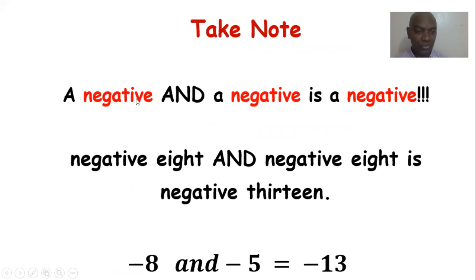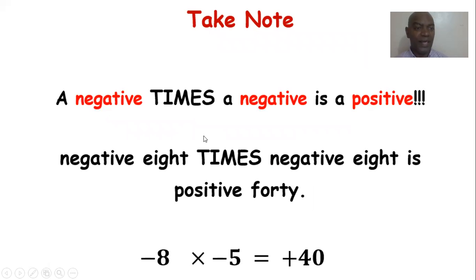Take note again, just to reiterate, a negative and a negative is a negative, because "and" in arithmetic is plus. So if you have a -8 and you have a -5, you have a -13. And is a plus in arithmetic. So a negative and a negative is a negative.